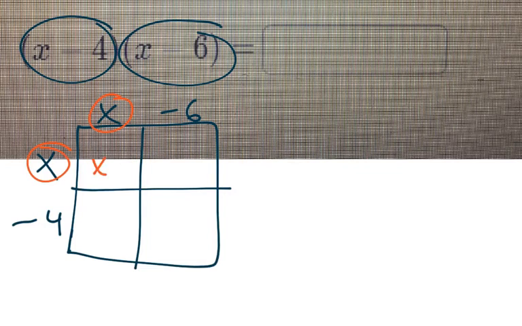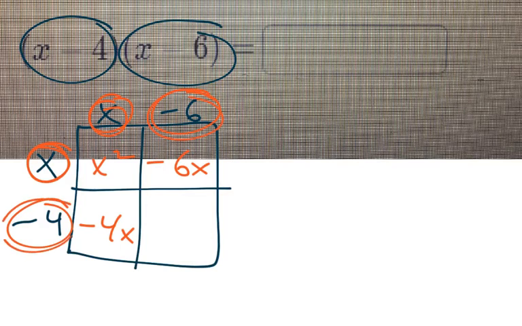x times x is x squared. Now let's be careful with the negatives. Negative 6 times x is negative 6x. And x times negative 4 is negative 4x. So notice both of those are going to be negatives, right? And a negative times a negative is a positive 24 in this case.